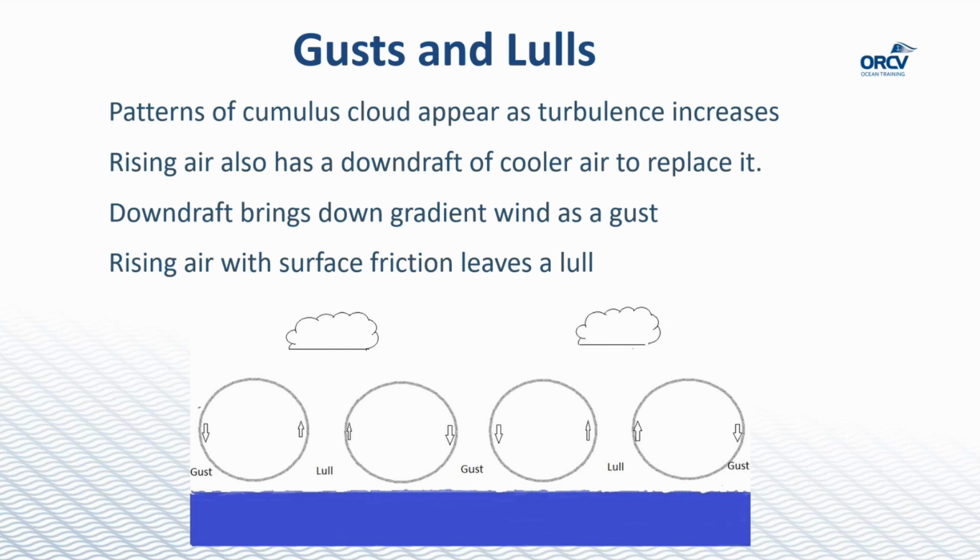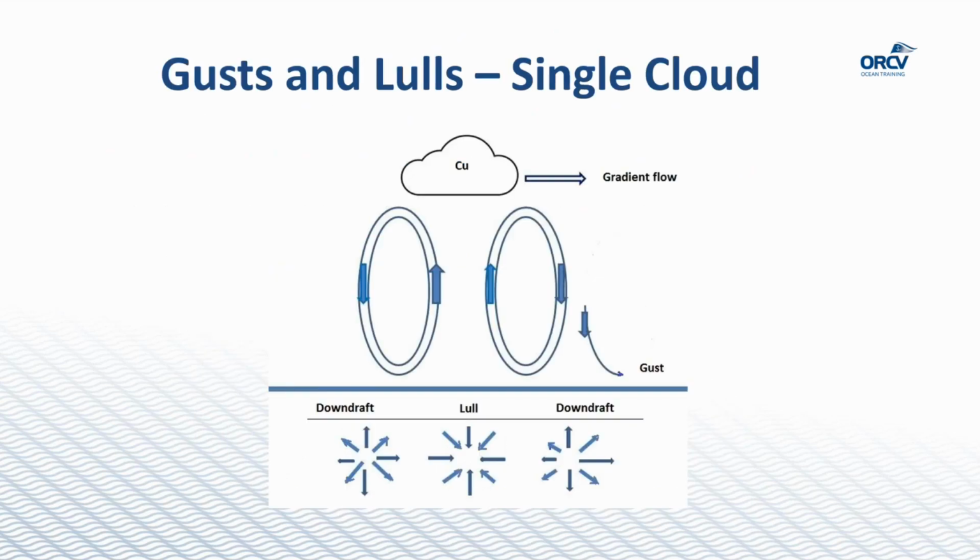And so the rising air has the effect of no friction. It moves from friction on the surface to vertical movement, and so you get a lull. The difference is in the lull, you get 3 knots roughly less than what you normally would experience.